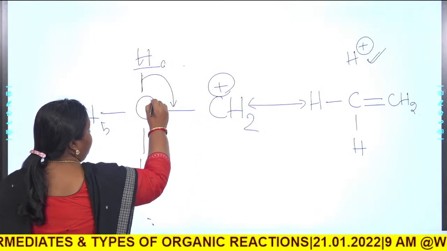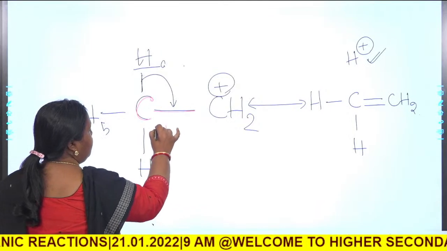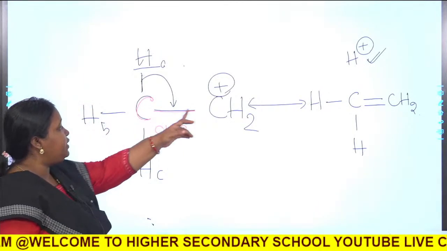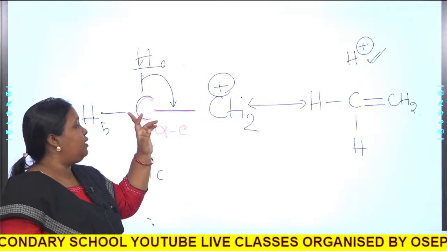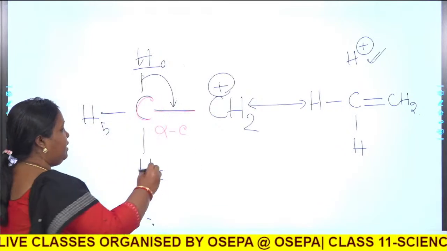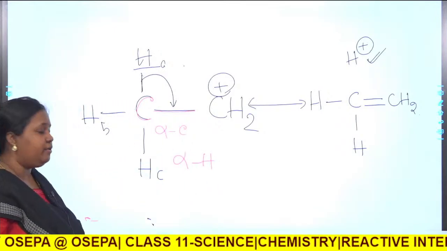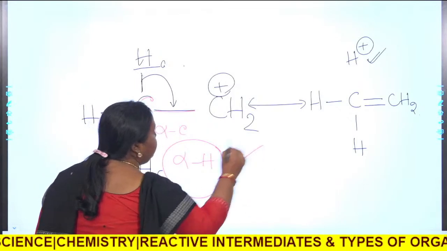The carbon which is attached to a carbocation is called the alpha carbon, and the hydrogens attached to the alpha carbon are called alpha hydrogens. Remember that for hyperconjugation these alpha hydrogens are highly important.